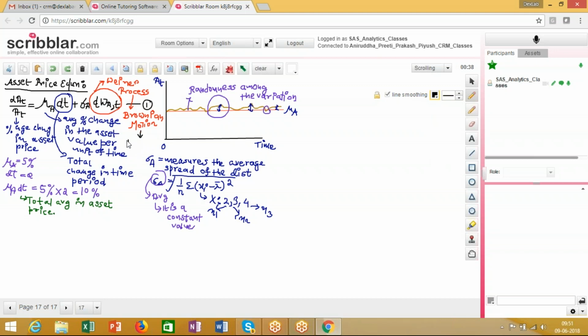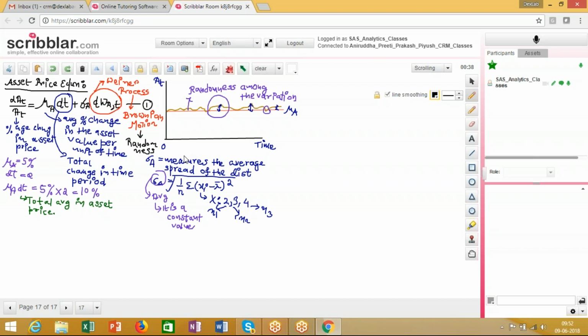For us, it is nothing but a measure of the randomness. So there is Brownian motion and then there is randomness.